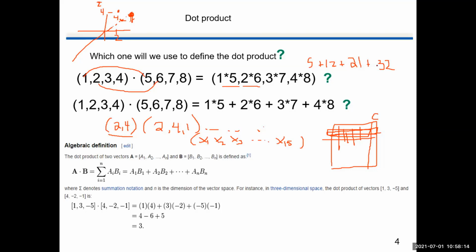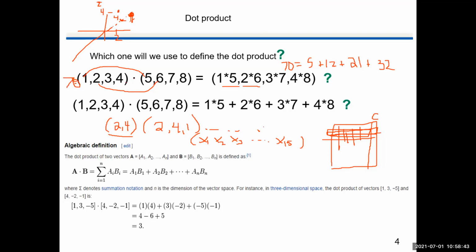I get 33, 43, 53, 64, 65, 70, right? I think I get 70. Okay, so this thing is called the dot product, and so the result of doing this would be equal to 70.